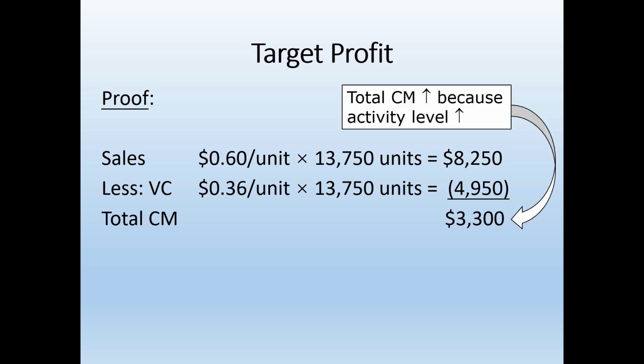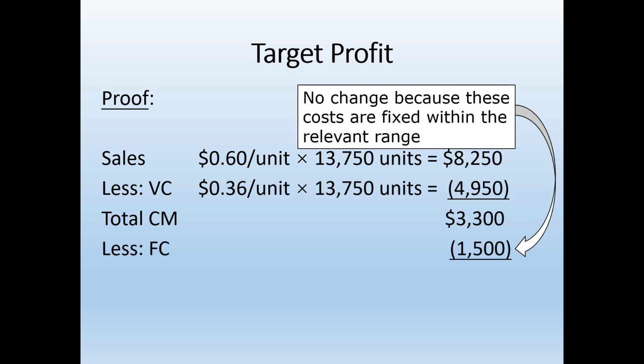And we notice that total contribution margin has increased compared to break even because the activity level has increased. We've sold more units. But we don't get to keep all of this contribution margin. Some of it has to cover fixed costs.